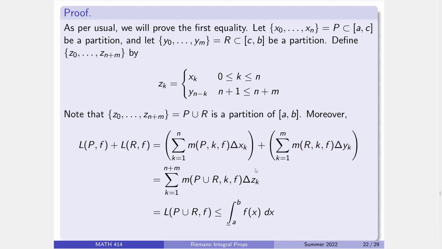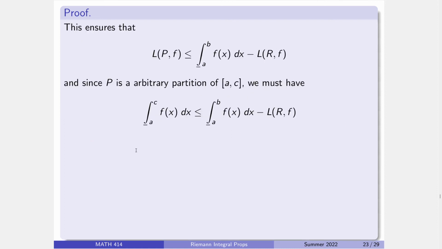So you just stitch these together and you get this. We now have that the lower Darboux sum of f on P plus the lower Darboux sum of f on R is always less than or equal to the lower Darboux integral. And since P and R themselves were arbitrary, we pull our favorite move, subtract it over.